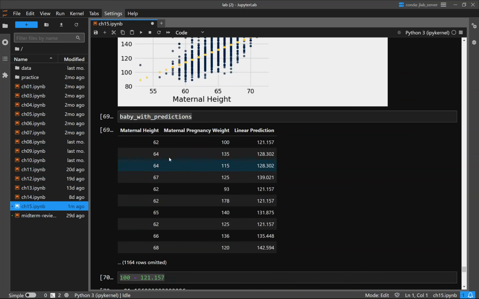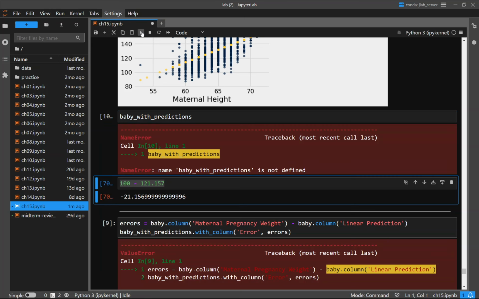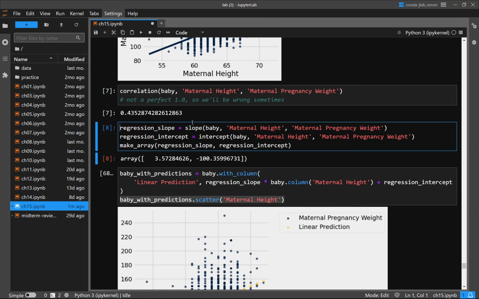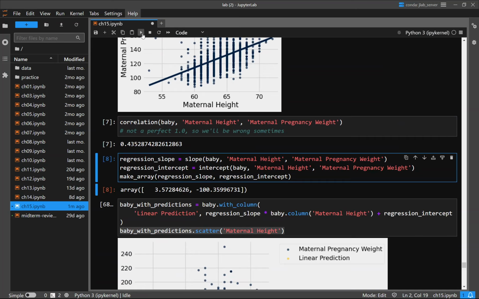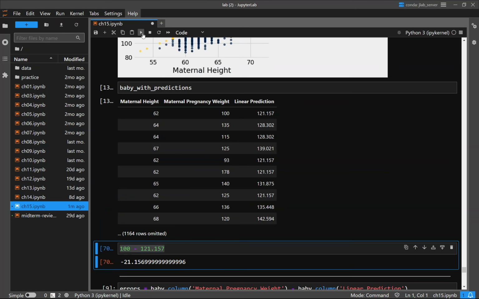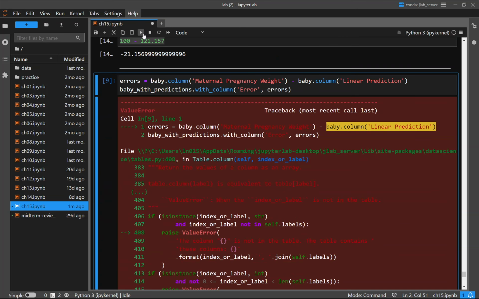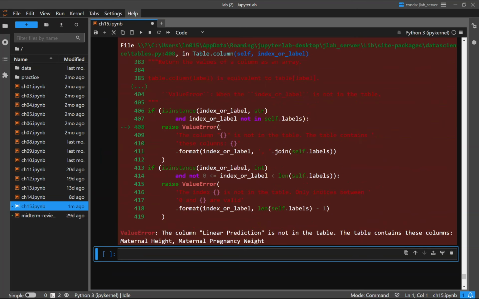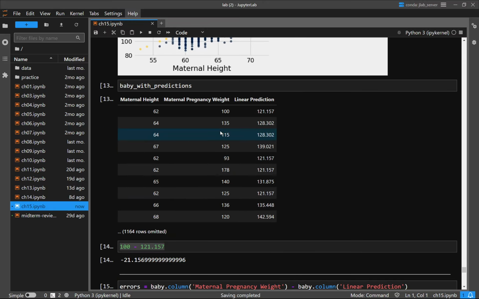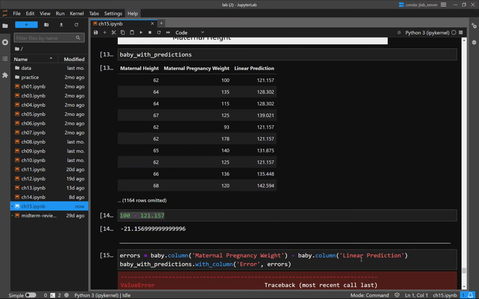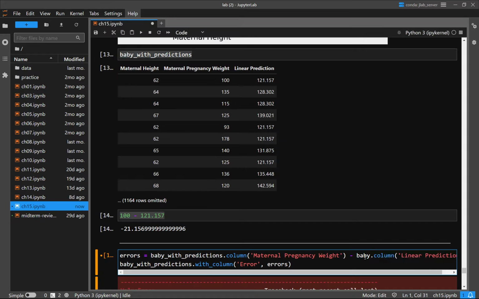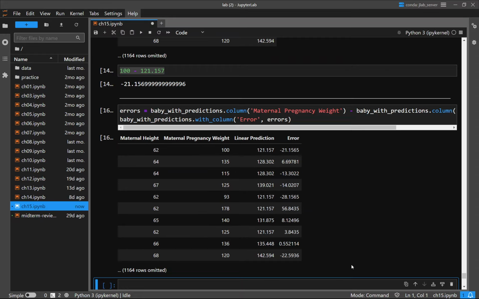Not in the table. Oh, did I do something weird? Oh, okay, yeah, I have to create all these again still, sorry. Are we happy now? Linear prediction is not in the table. I must have spelled it wrong. Oh, it's not baby, it's baby with predictions, sorry. Give me those. There we go.